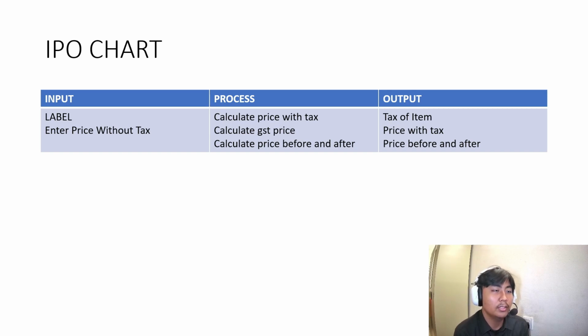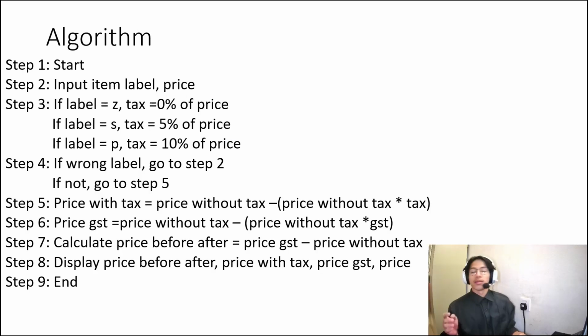For the output: tax of item, price with tax, and lastly, price before and after. For the next slide, I give to my friend to present about algorithm.